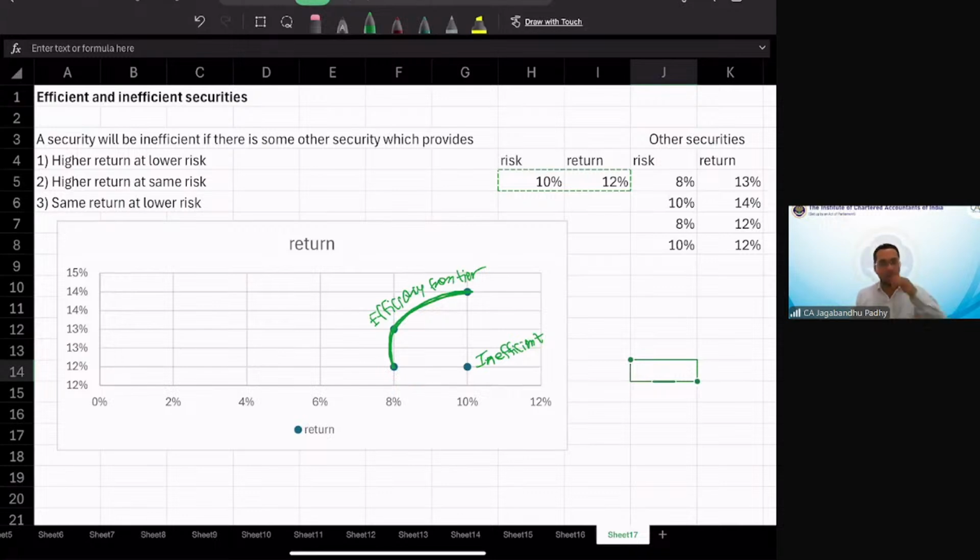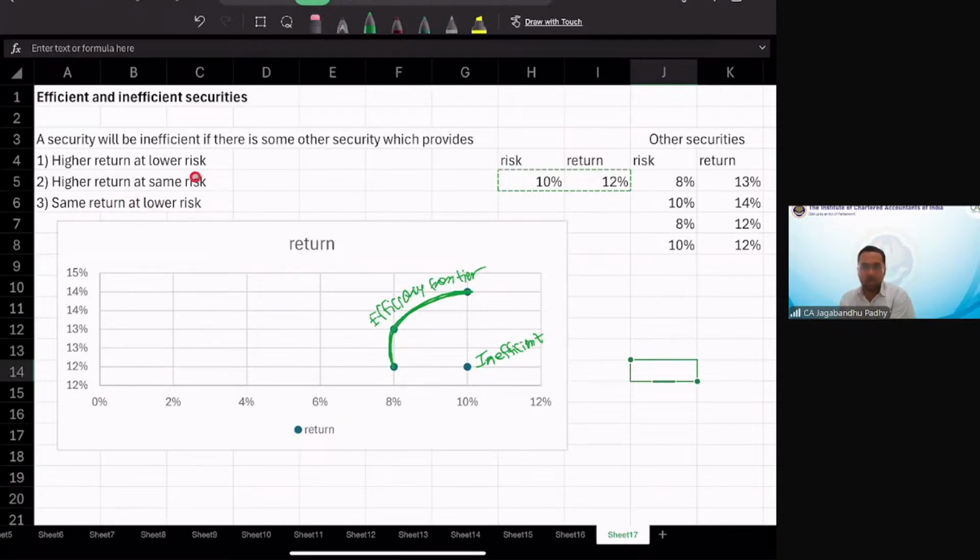So any security which is lying below the efficiency frontier will be said to be an inefficient security. And the rules are pretty clear. It should provide you higher return at lower risk, higher return at same risk, or same return at lower risk.